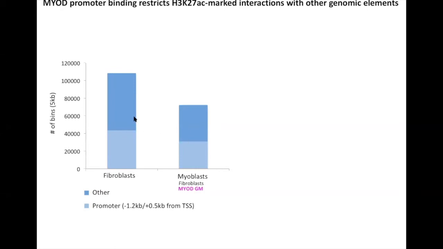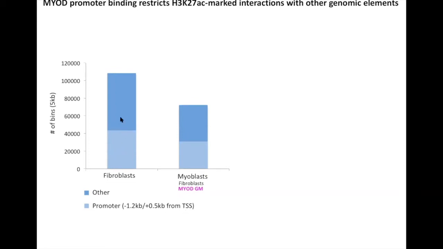As you can see, here we have all the interactions captured by HiChIP that involve promoters, in light blue, and other distal non-promoter elements, in dark blue, which are farther than minus 1.2 kb and plus 5.5 kb from the transcription start site of genes within the human genome.